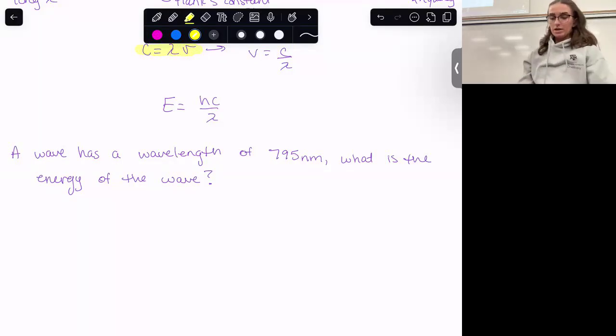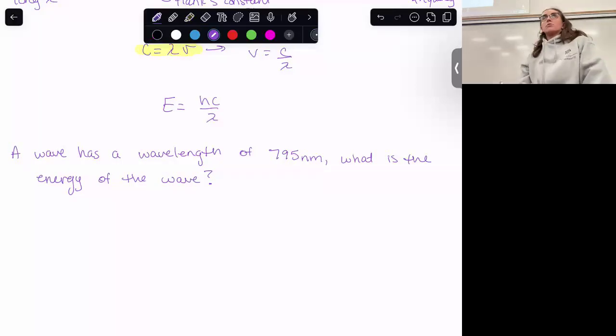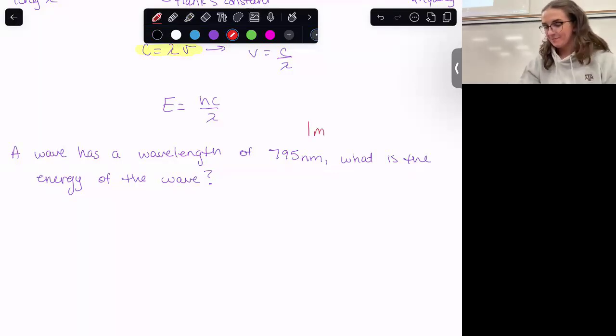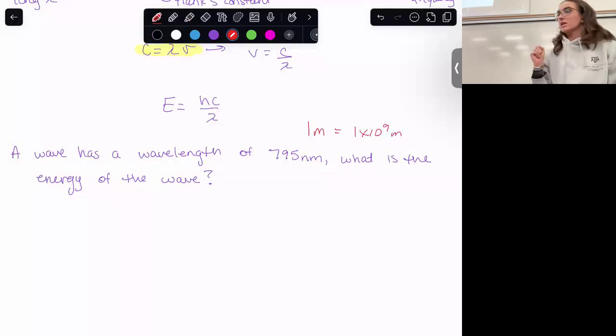Okay. So does anyone know what it means to be nano? Like what that exponent is? So, yep, 1 nanometer is equal to 1 times 10 to the negative 9th meters. So if you have 795 nanometers, do you have a lot of meters or a little meters? You have a little.